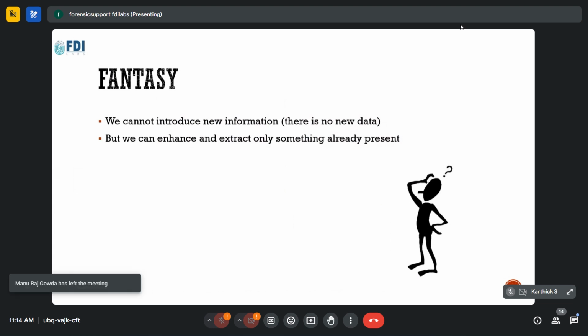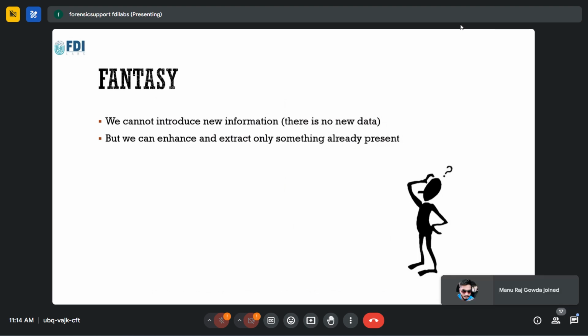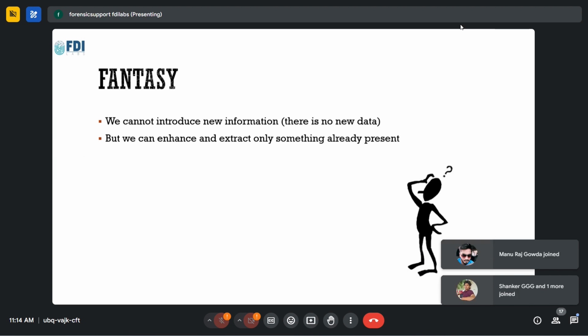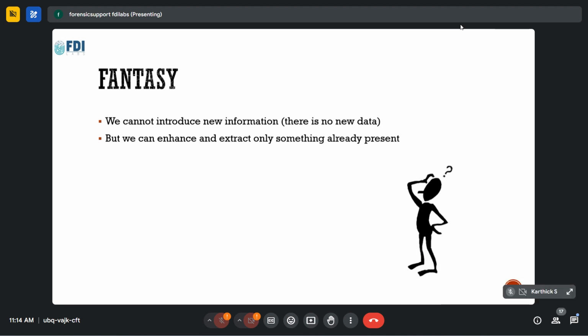In fantasy, we cannot introduce new information into that particular content. The solution is that we can only enhance that content, and we can only extract something which is already present in it. That is the role fantasy plays in this domain.